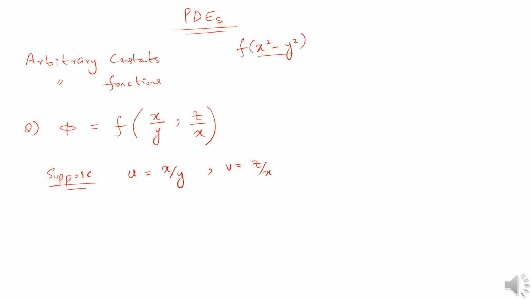If you remember in the previous lectures, when we solved PDEs of the form dx over p equals dy over q equals dz over r, by solving these we get some integral curves, and at last we write them like this: x over y equals c1 in this case, and z over x equals c2.